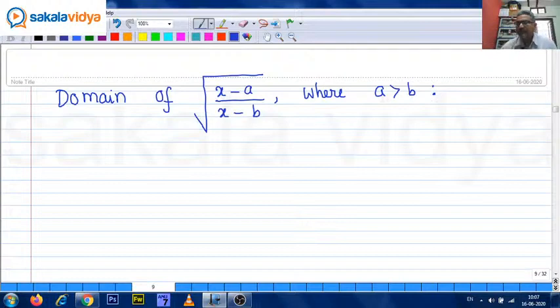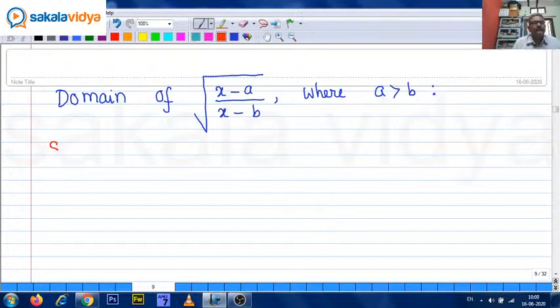What is your answer? How do you react? Domain of root of x minus a upon x minus b, where a is greater than b. Okay. Suma, give my number. Balu, give my number to Janardhan. Right. Thank you.